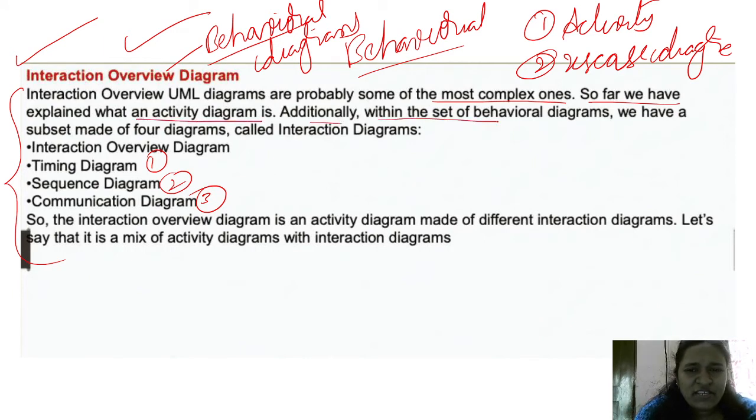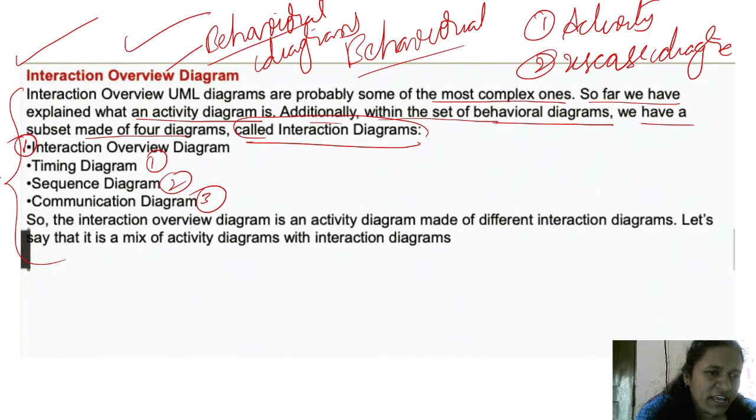Additionally, within the set of behavioral diagrams, we have a subset made of 4 diagrams called interaction diagrams: interaction overview diagram, timing diagram, sequence diagram and communication diagram.